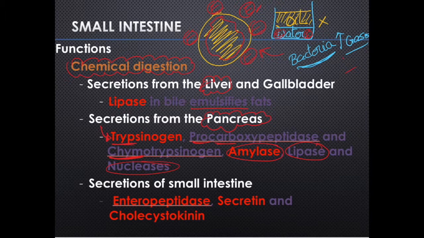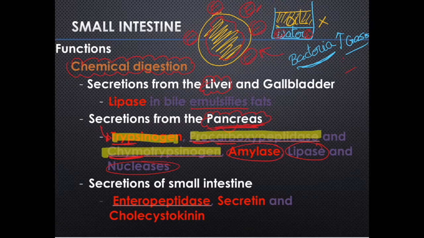So the pancreas would be responsible for digestion of proteins, and the proteins here would be digested by the procarboxypeptidases, trypsinogen, and the chymotrypsinogen. Carbs are going to be broken down by the amylase enzyme.